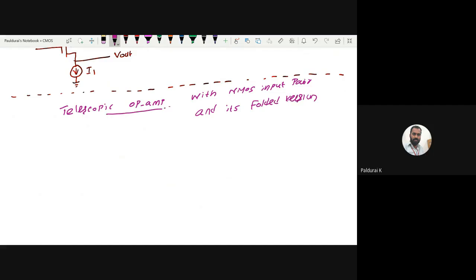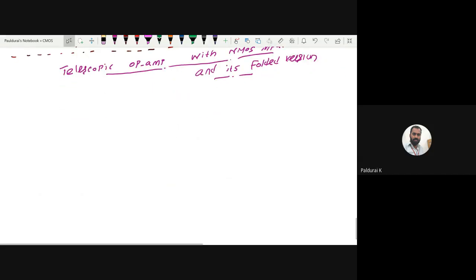So first let me sketch the telescopic NMOS input pair OPAMP, right? You will take only NMOS as the input pair, and here you will connect the tail current source. இதை later we will replace with a suitable transistor.